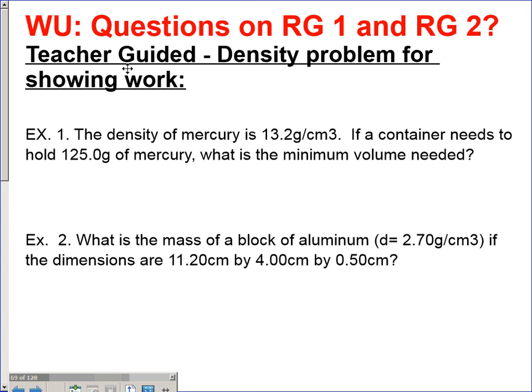Alright, do we have to use that calculator right now? Oh, great. Okay. Alright, so let's go ahead and do this density question. Yeah. Let's use a calculator. Hold the stapler.